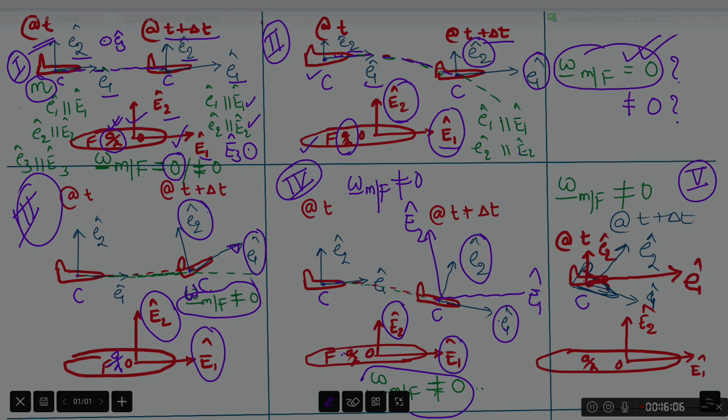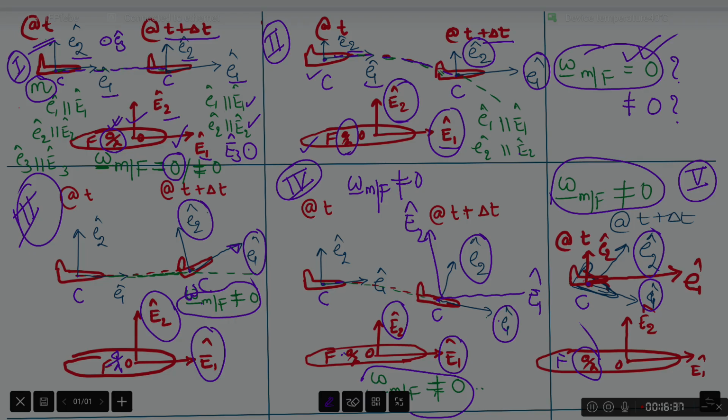So at both time instants, the location of C does not change as observed by our observer on frame F. However, at time t plus delta t, the orientation of small e1 and small e2 are shown in blue color, and thus in this case also the conclusion will be that omega mf is not equal to 0.